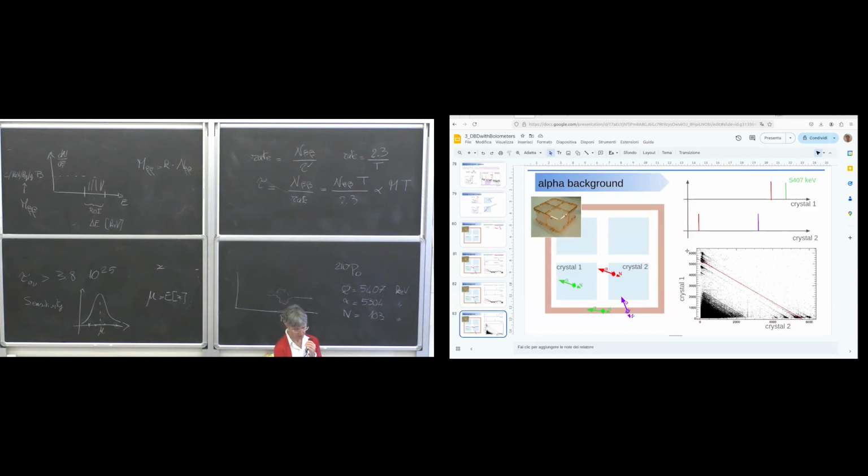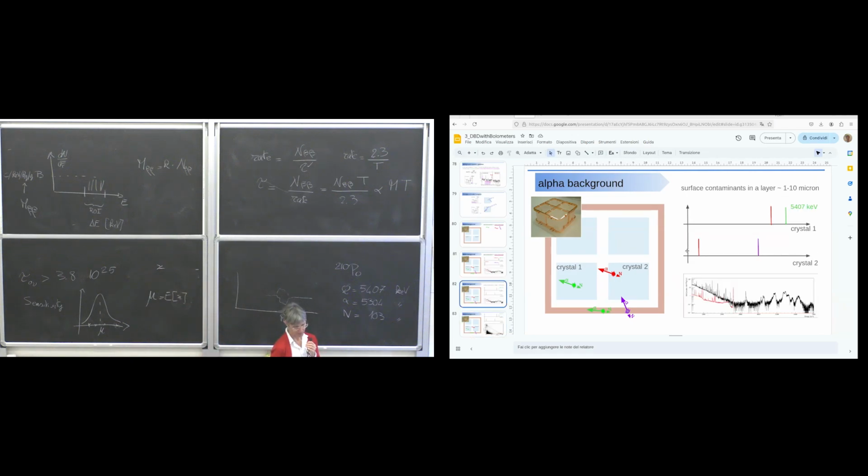Okay, and that's it. These were the only few exercises that I've tried to prepare. Sorry, on the previous example, can you please show it? Okay, yes, this one. So this produces a point, right? The alpha crosses crystal one and the recoil stays in crystal two.